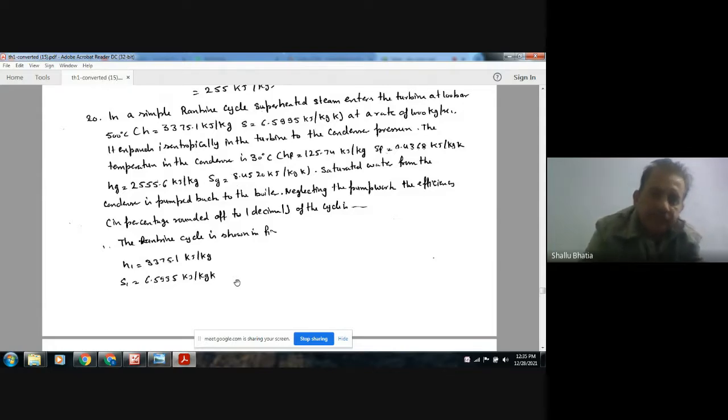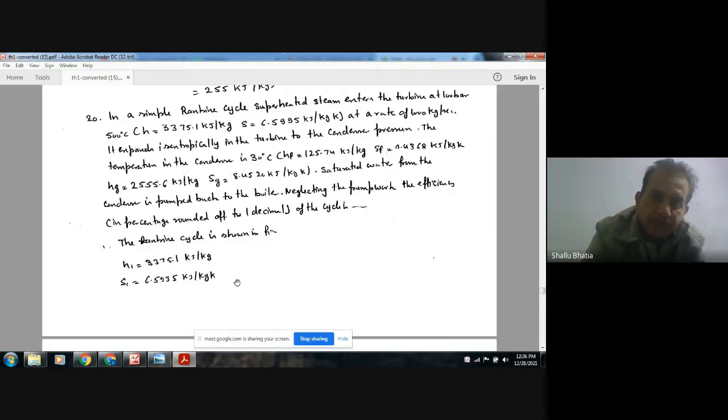It expands isentropically in the turbine to the condenser pressure. The temperature in the condenser is 30 degrees Celsius. Hf is equal to 125.74 kilojoule per kilogram, Sf is equal to 0.4368, Hg is equal to 2555.6 kilojoule per kilogram, Sg is equal to 8.4520 kilojoule per kilogram per Kelvin.